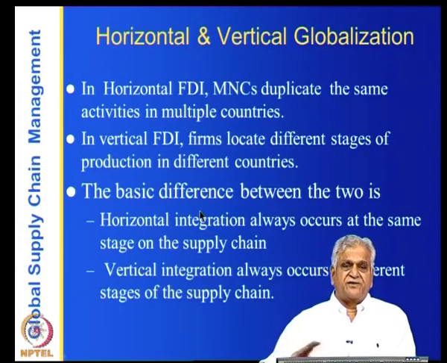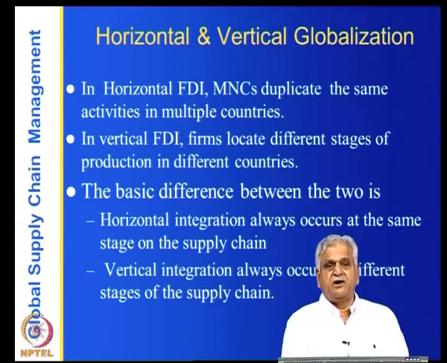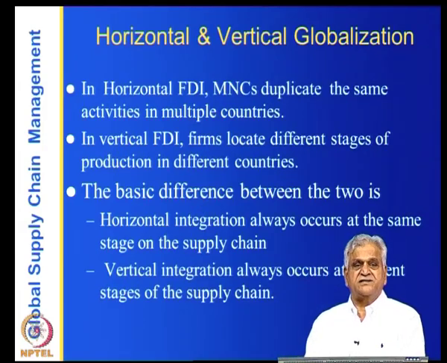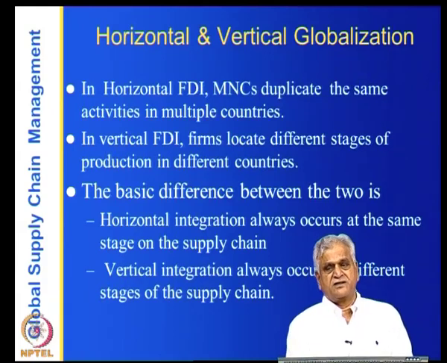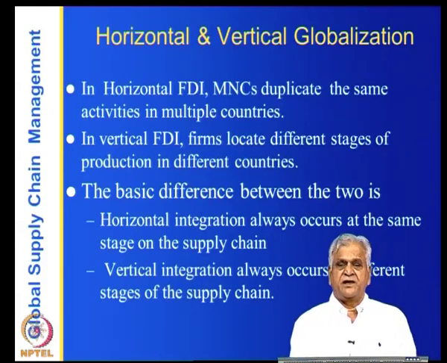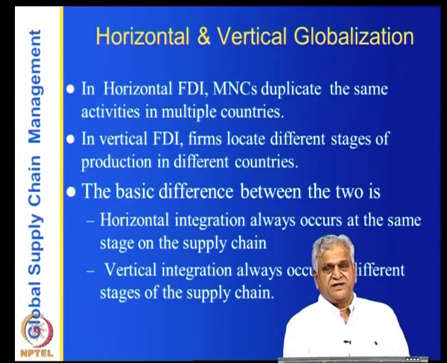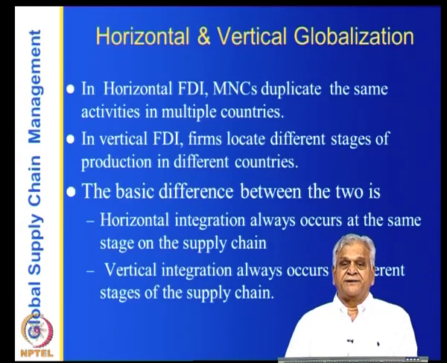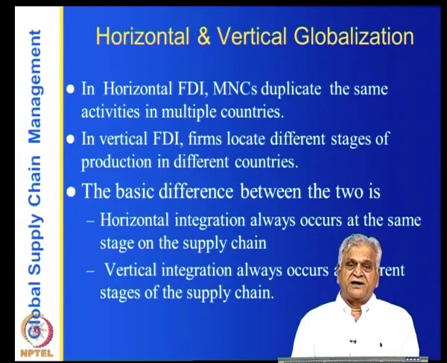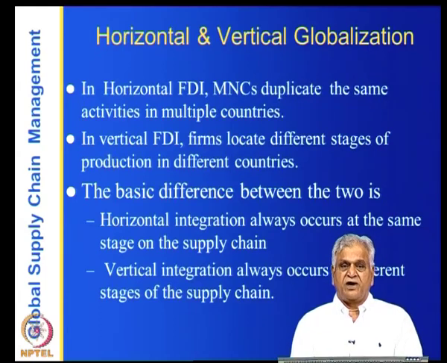So, the basic difference between the two is that horizontal integration always occurs at the same stage in the supply chain. In other words, if you are manufacturing something in Japan, you will come and do the same manufacturing process in India. But on the other hand, vertical integration always occurs across the stages of the supply chain. What are the stages?